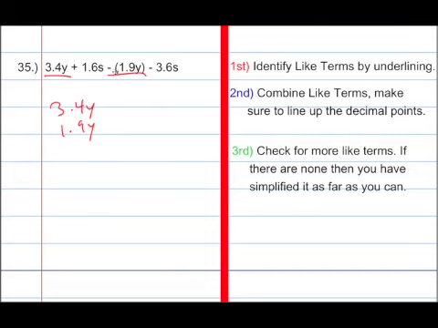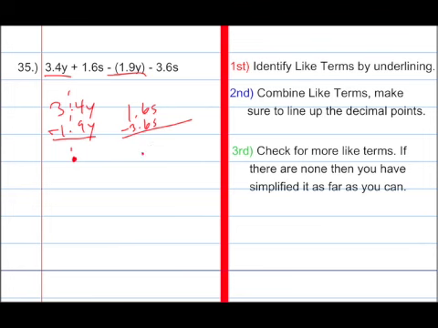This is a negative 1.9y, so we're minusing. And then I would have to make sure it lines up. My answer would have a decimal right here, 1.6s minus 3.6s. And then we would have had to line up the decimals and answer.